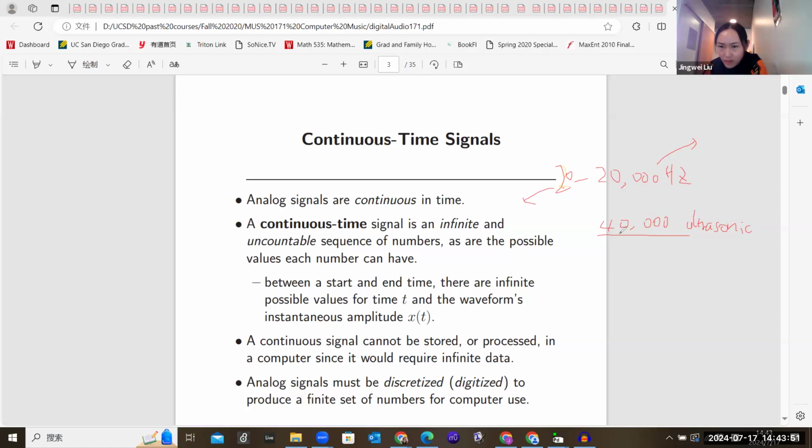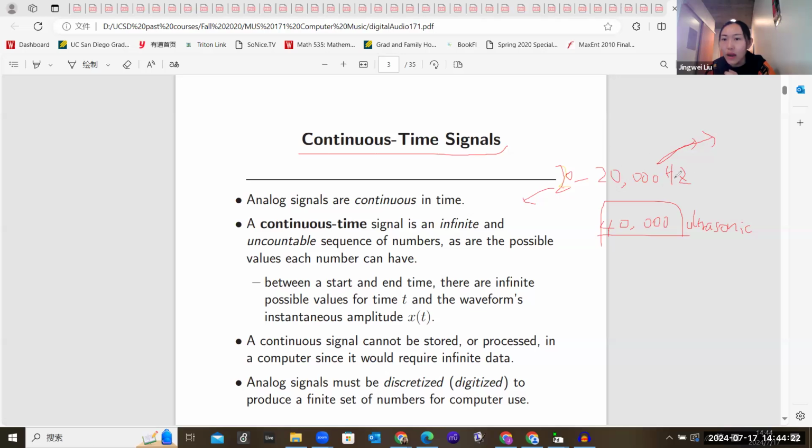So the problem is that with a continuous time signal, we won't be able to hear ultrasonic frequencies.